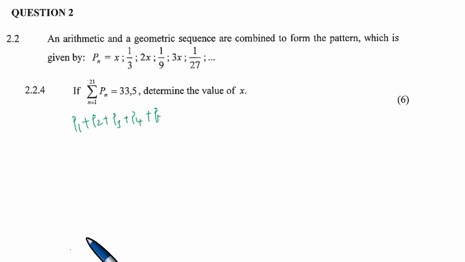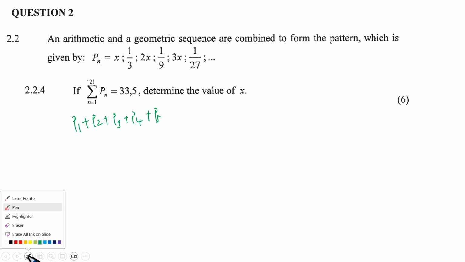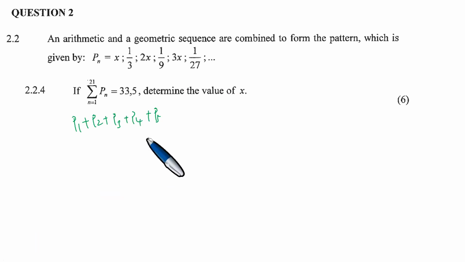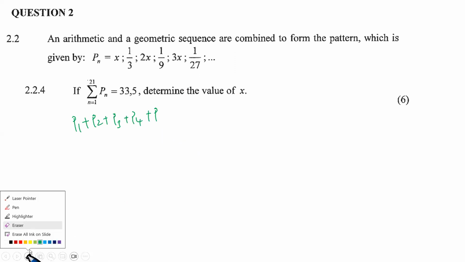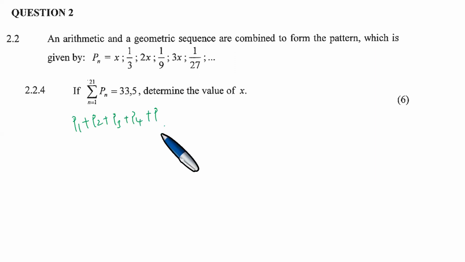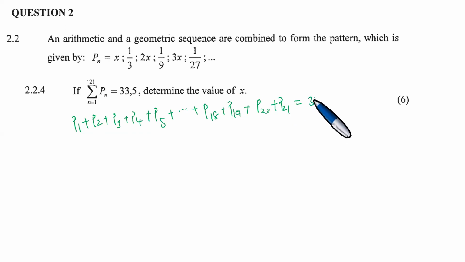We can write everything out. Then we have the other terms as well, before 21: P18, P19, P20, P21, which equals 33,5.